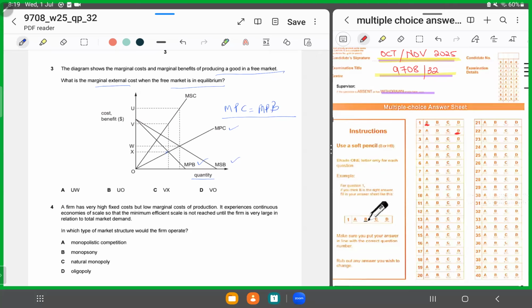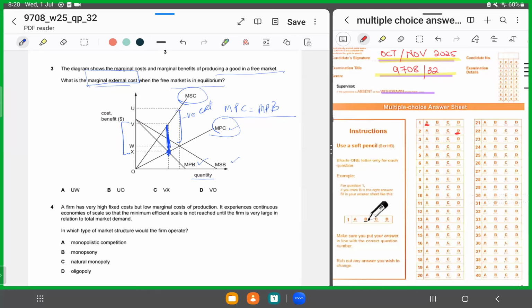Now at point X, we have to determine the external cost. Now, external cost is the difference between the social cost and the private cost. So at X, this vertical difference between the marginal social cost and the marginal private cost will talk about the negative externalities. So this vertical difference is VX. This is the marginal external cost.